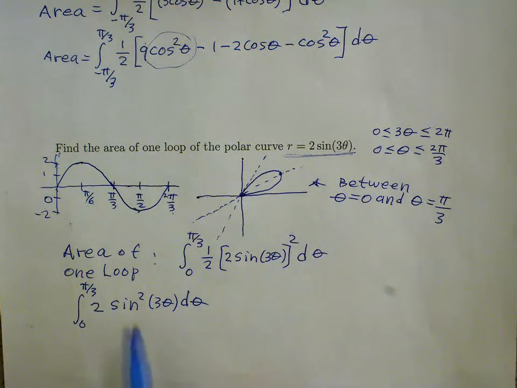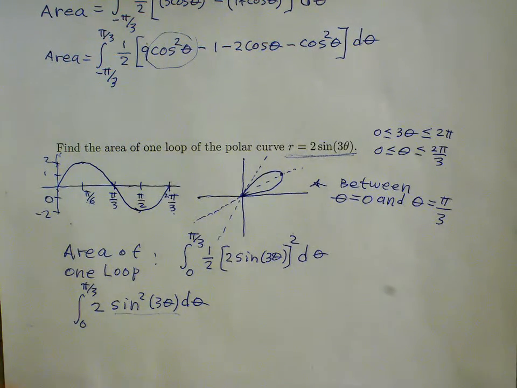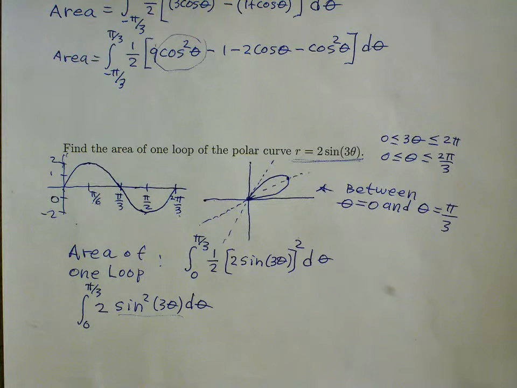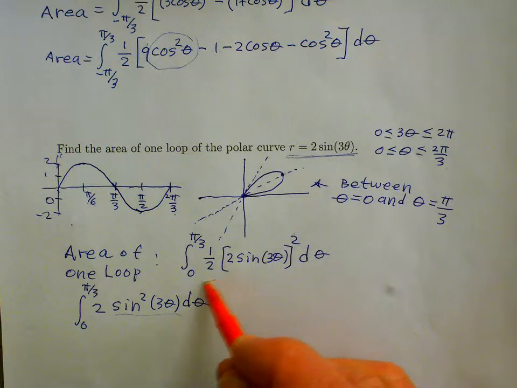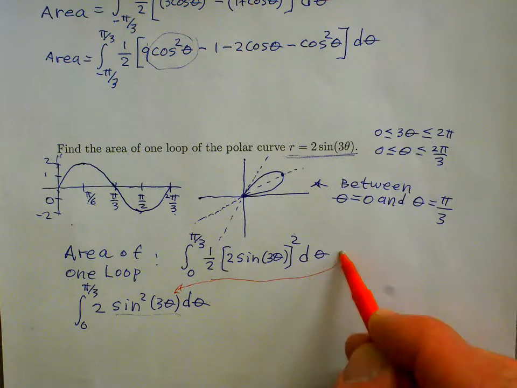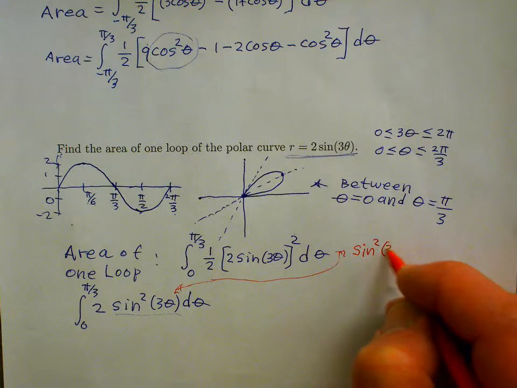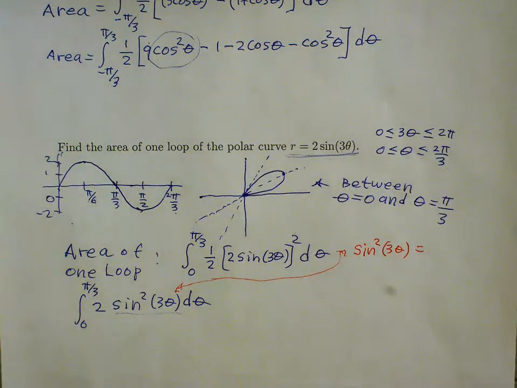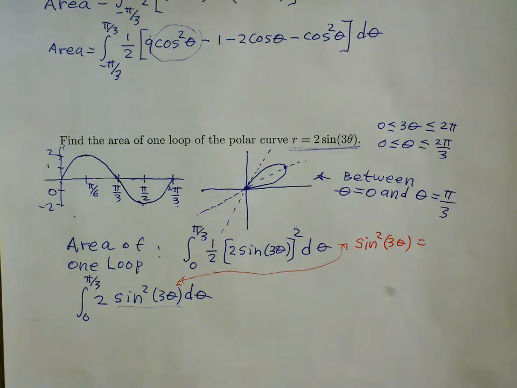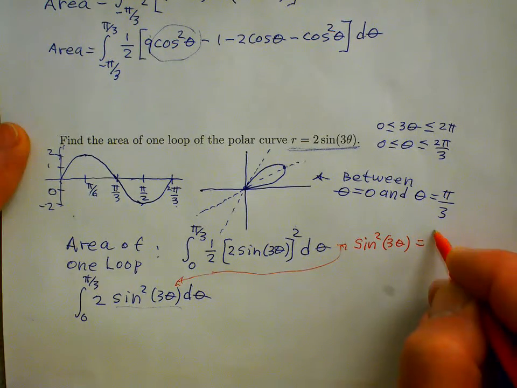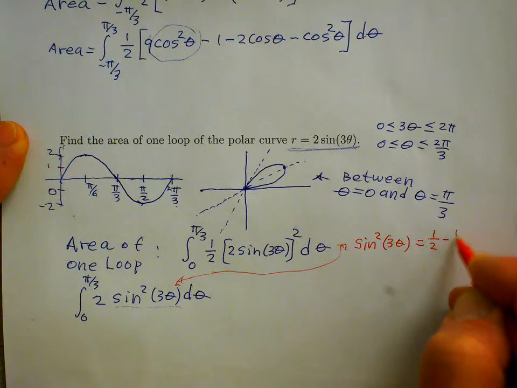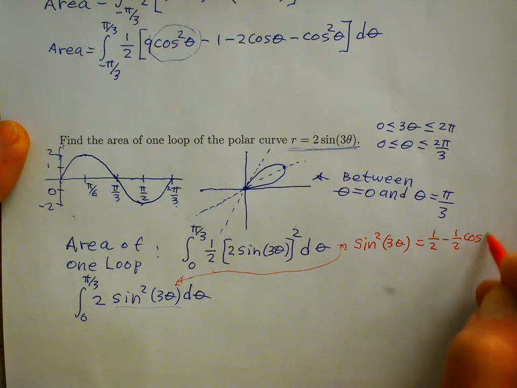Okay, what should we use in the next step in order to integrate sine of 3 theta squared? Well, the way I'm going to do it is I'm going to replace sine of 3 theta squared with one half minus 1/2 of cosine of 6 theta.